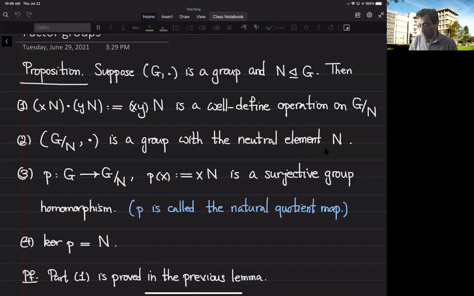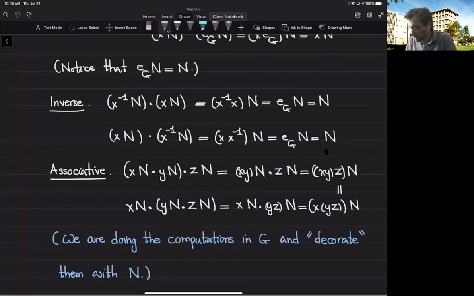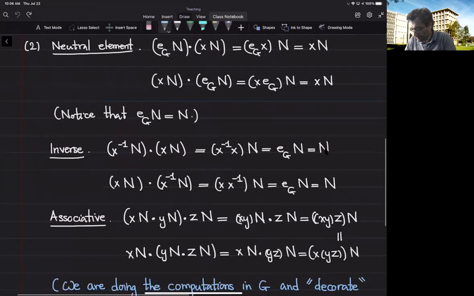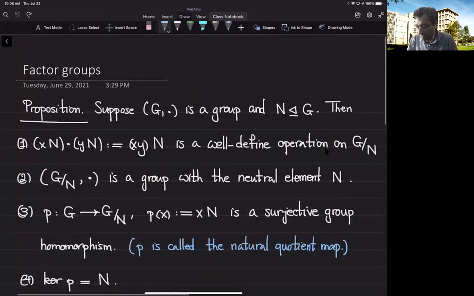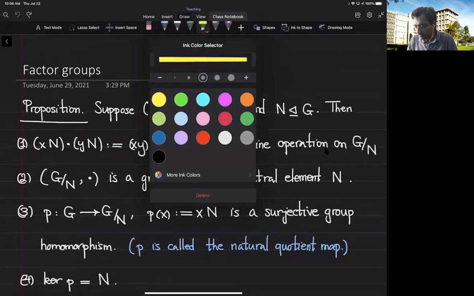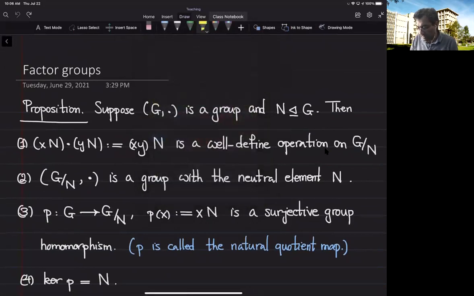All together, we end up getting this group that we call G over N, the factor group of G by N, or the quotient of G by N. And we also get this natural quotient map from G to the quotient of G by N, which sends x to the coset that x represents.